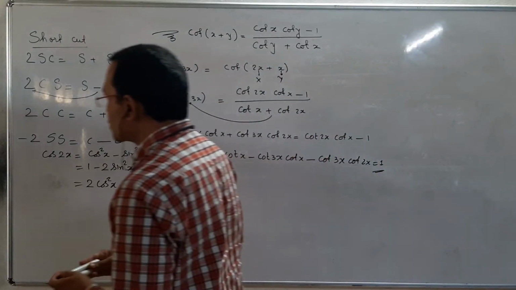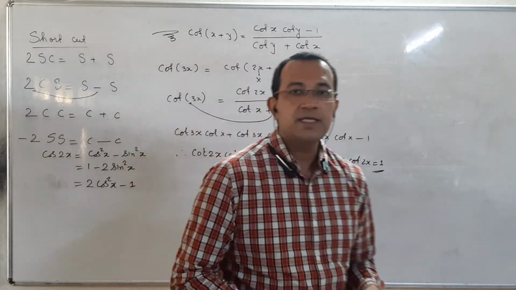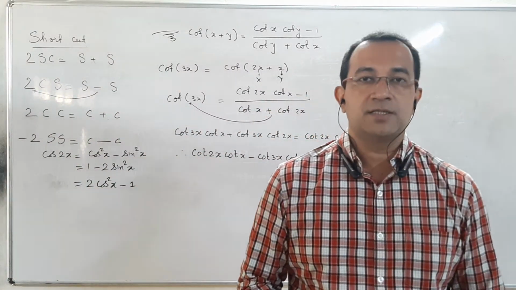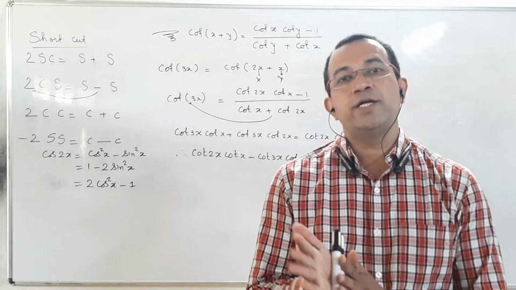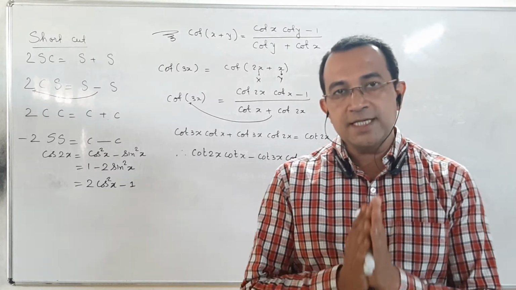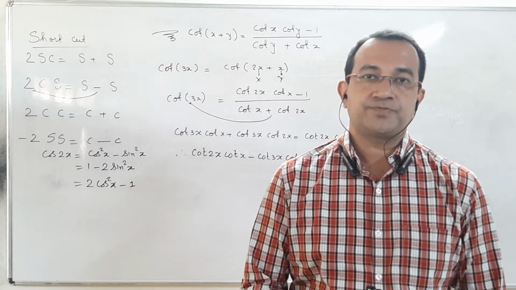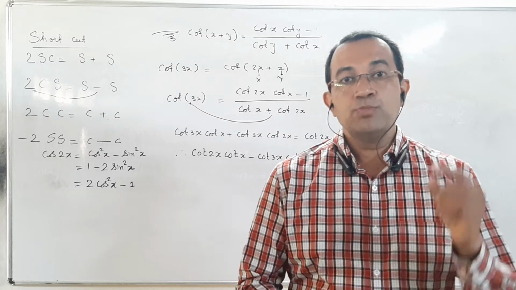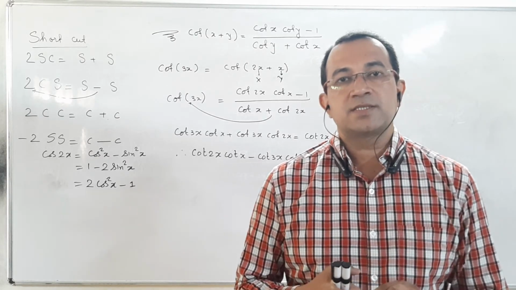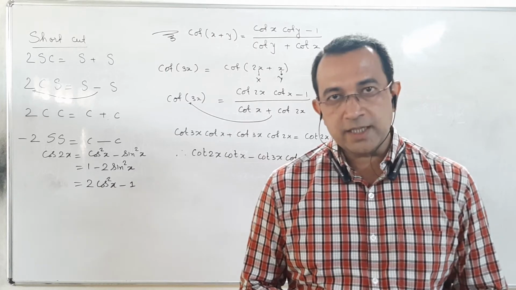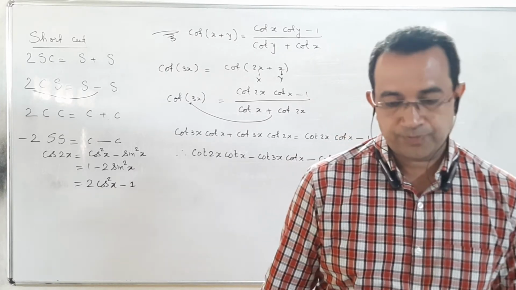But that traditional method, students, is very lengthy. So sum number 22, students, is an exceptional sum. We have proved the sum in a slightly different way. Try to understand and go through the sum.